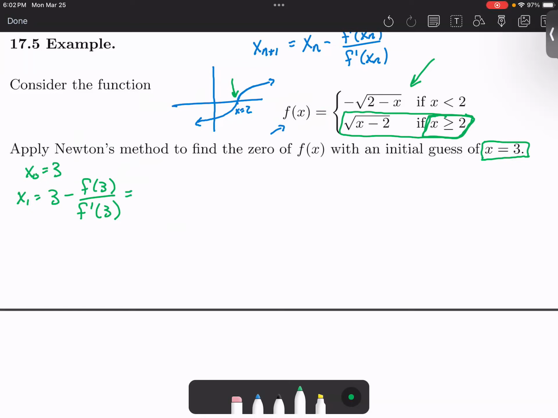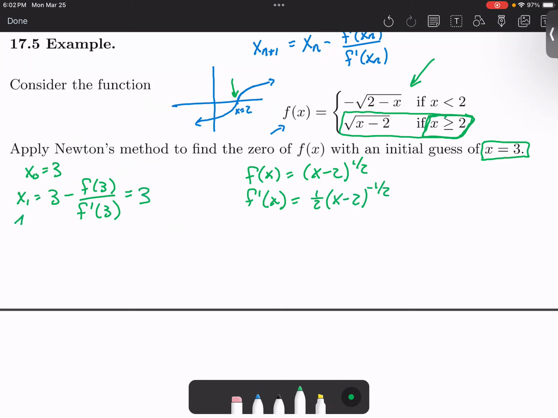So let's just write down our function. It is x minus 2 to the 1/2. So our derivative is 1/2 x minus 2 to the minus 1/2.